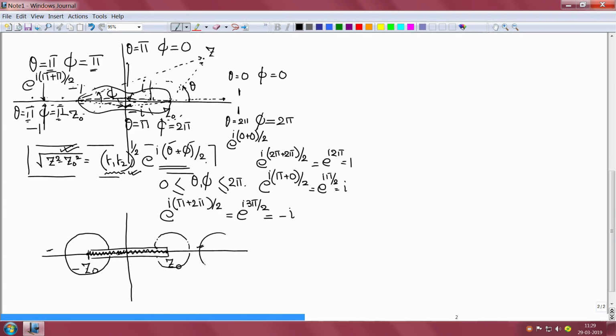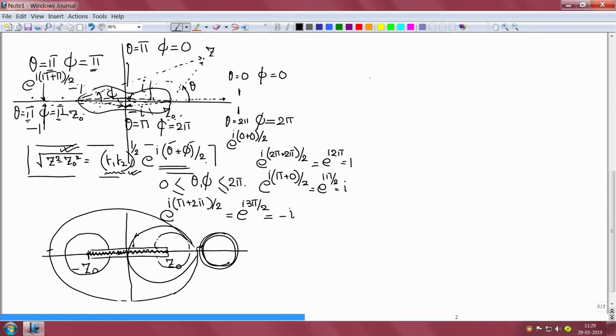I can go around here, does not matter, or I can even go around here, does not matter, but I cannot cross the cut over here. I can go around this way, does not matter, but I cannot do this, I cannot cross the cut over here. So that is a finite branch cut.